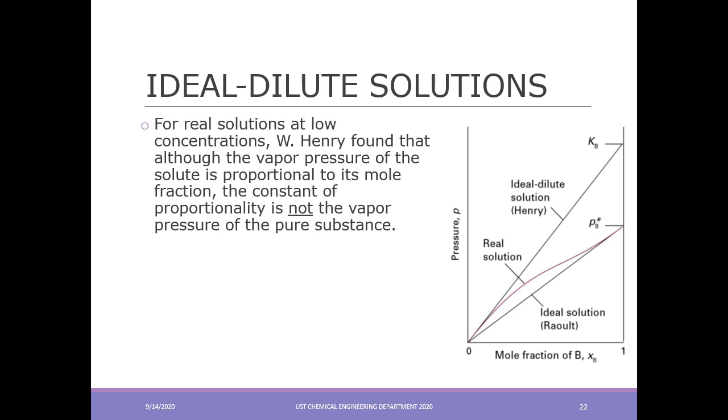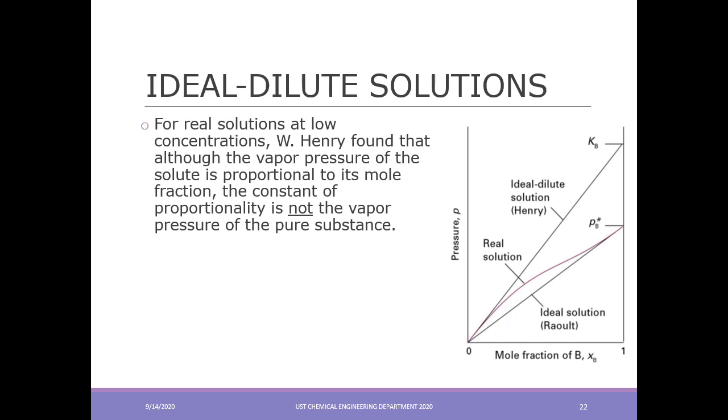So in ideal solutions, both the solute and solvent obey Raoult's law. However, for real solutions at low concentrations, William Henry found that the vapor pressure of the solute is also proportional to its mole fraction, but the proportionality constant is not equal to the vapor pressure of the pure substance.